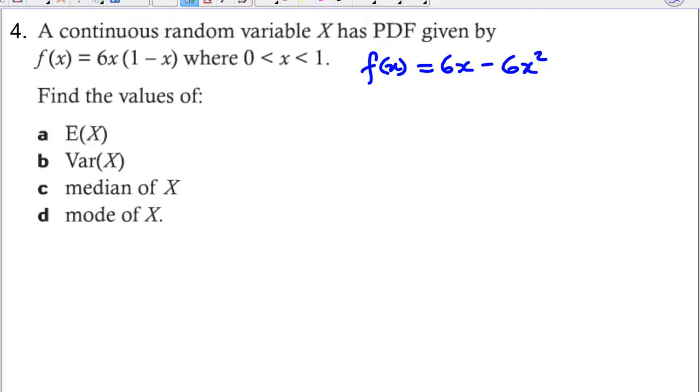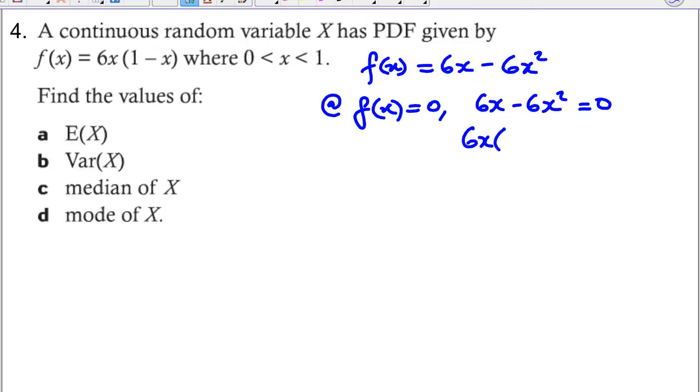Now, obviously, on the x-axis, f of x is equal to 0, so we have 6x minus 6x squared equals 0, which means if you factor out 6x, you'll end up with 1 minus x equals 0. So either x is equal to 0 or x is equal to 1.